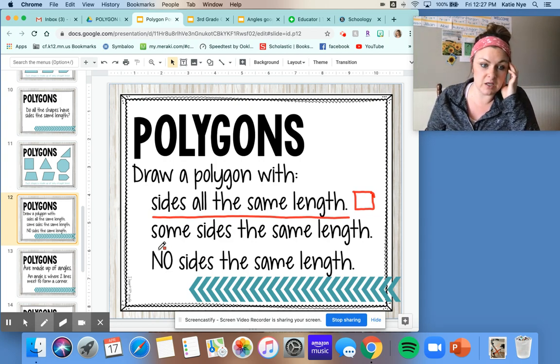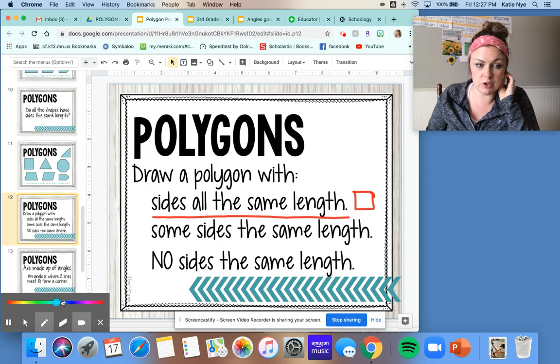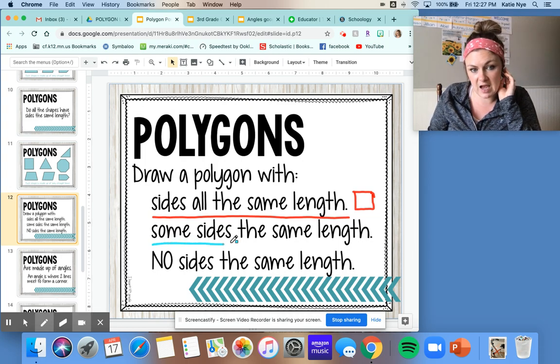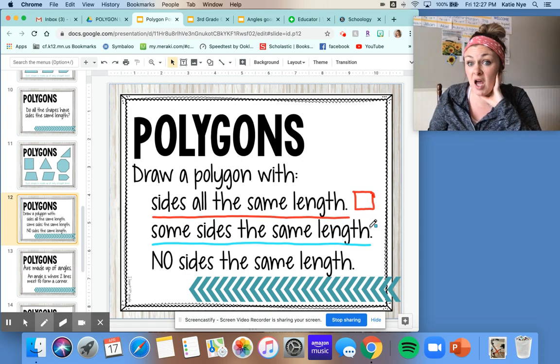The next one is some sides are the same length. So not all sides, but some of the sides are the same. So maybe I would draw that this side and this side are the same length.